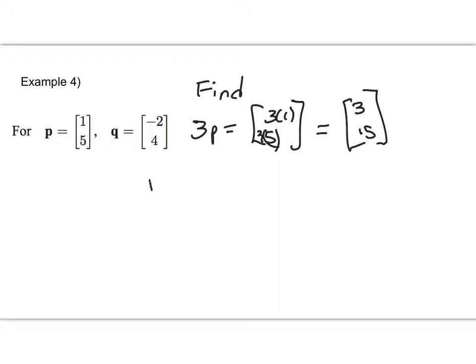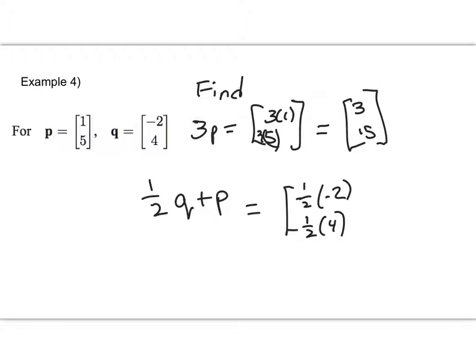Let's find 1/2 Q plus P. All right, so I'm going to take the Q vector and multiply each component by 1/2. And to that I'm going to add P, the original P vector, where the x component is 1 and the y component is 5.